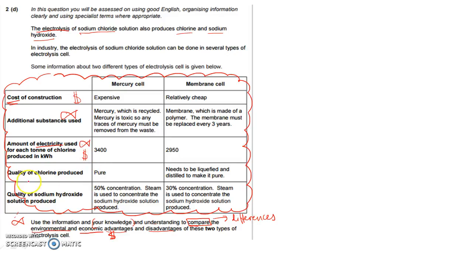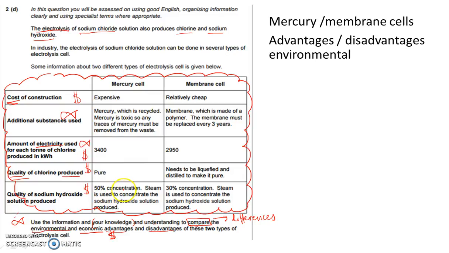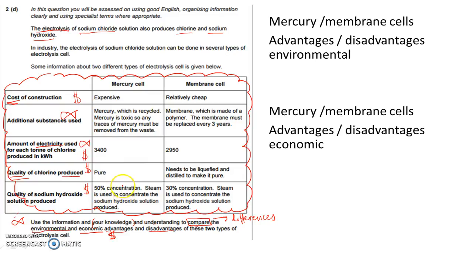So we've got information here. The quality of chlorine produced. So again here, we've got money. And the quality of sodium hydroxide produced, because we're talking about quality of product that can be sold, we're talking about money. So all we need to do is structure this information in sentences for comparison. So really we're thinking about 2 things.